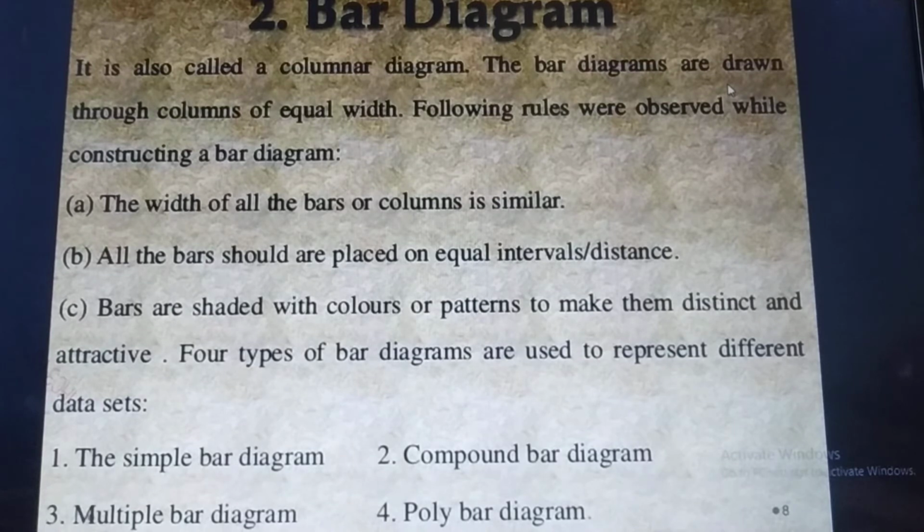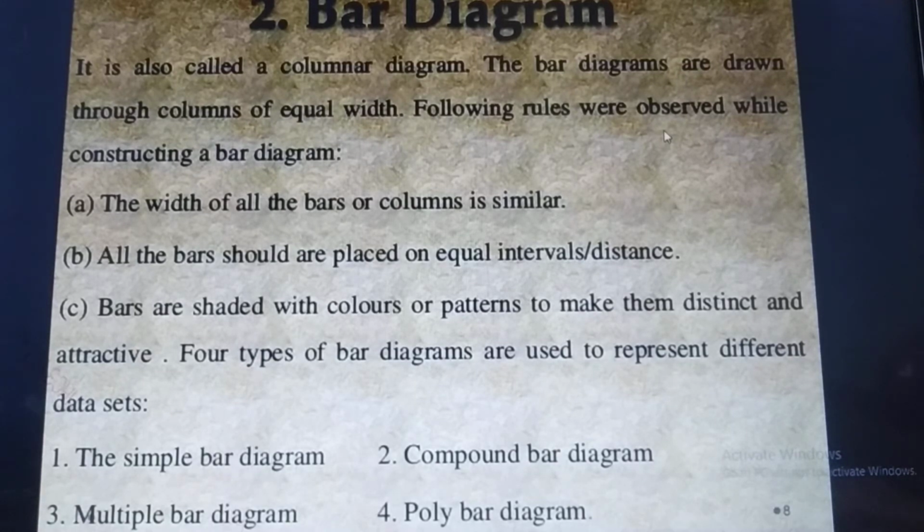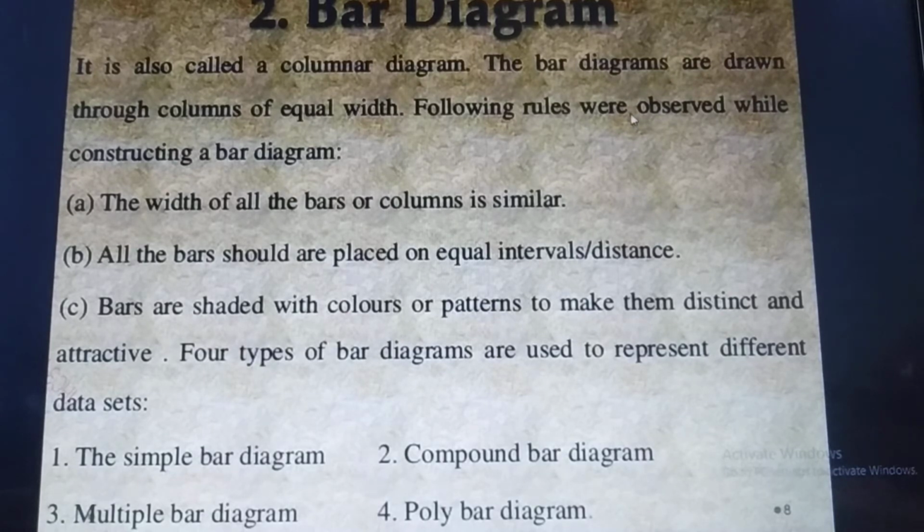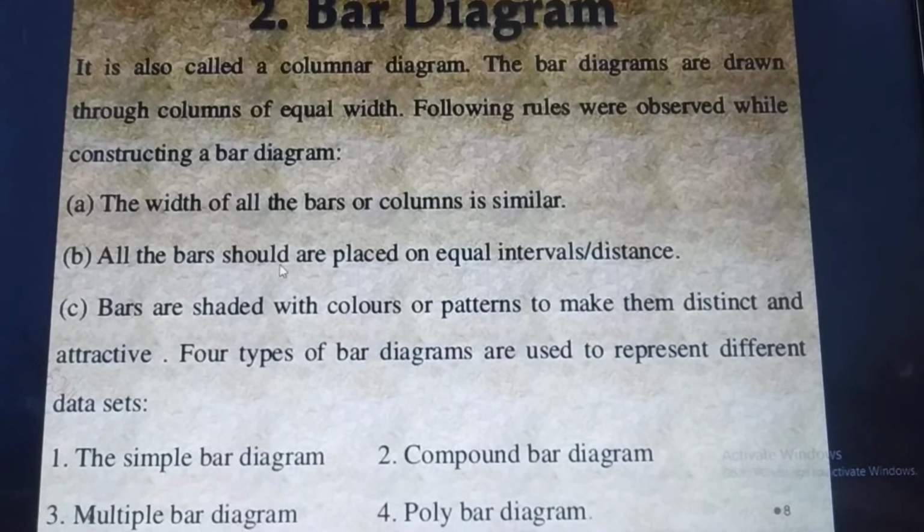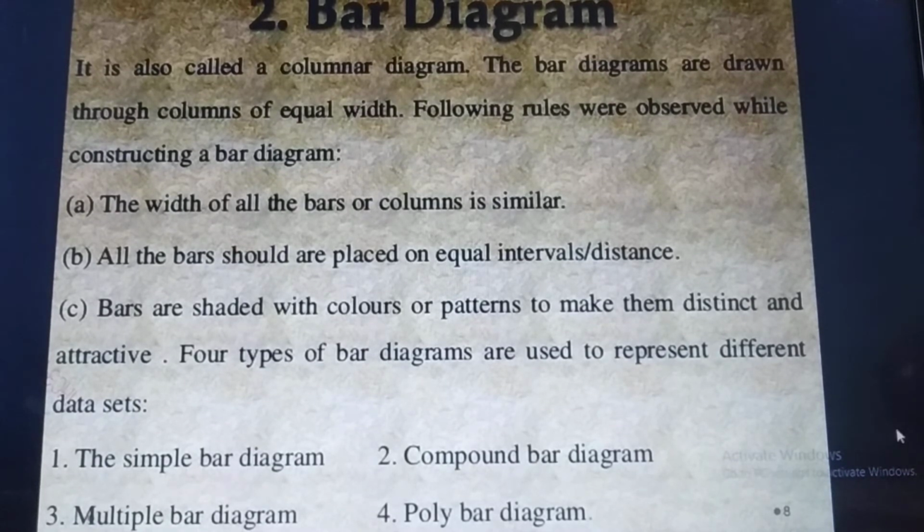Bar diagram. It is also called a column diagram. The bar diagrams are drawn through columns of equal width. The following rules should be observed while constructing a bar diagram. The width of all the bars or columns is similar. All the bars should be placed at equal intervals and distance.